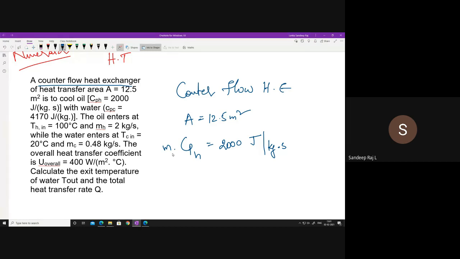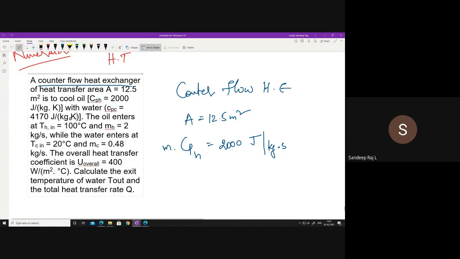Kg second is something mysterious. I think this is wrong. This should be Kelvin, here also it should be Kelvin. It should not be kg second actually, because he has given m dot also. That must be a mistake definitely, and we can take it as kilojoule per kg Kelvin only.